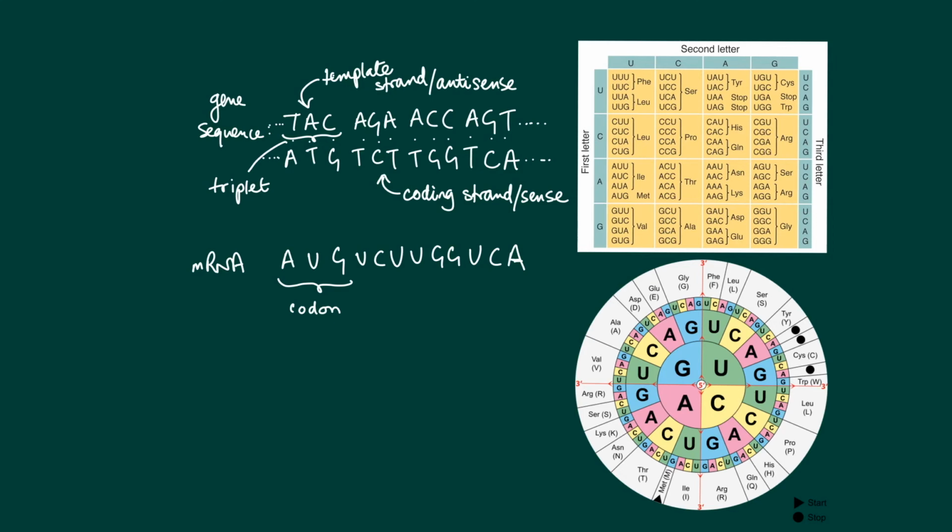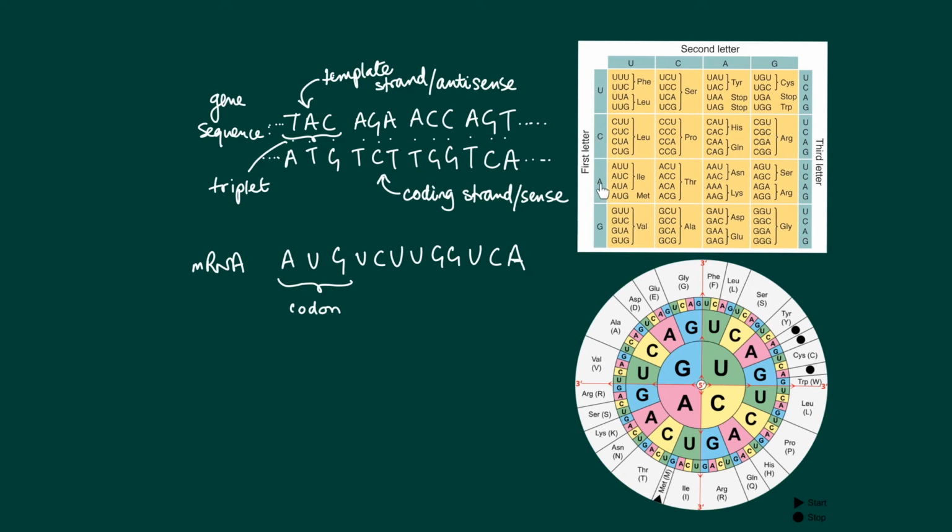Let's say we're using this diagram up here. We could equally just use this one. Our first codon is AUG: first letter A, second letter U, and the third letter we have to pick from this, so I'll show you.